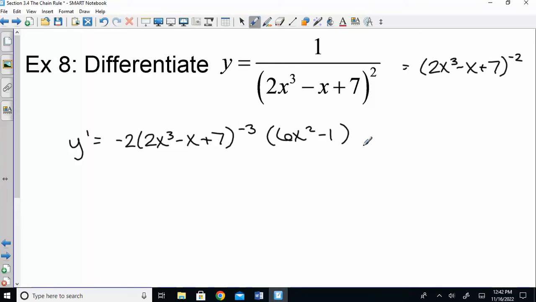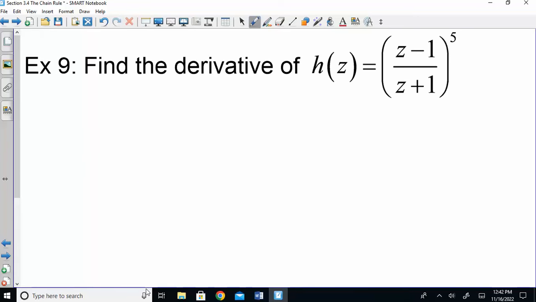Okay, now the next 3 are a little more challenging. So we're going to take a look at these and then see where we're at time-wise. If I asked you to do the derivative of this, what would we have to do?